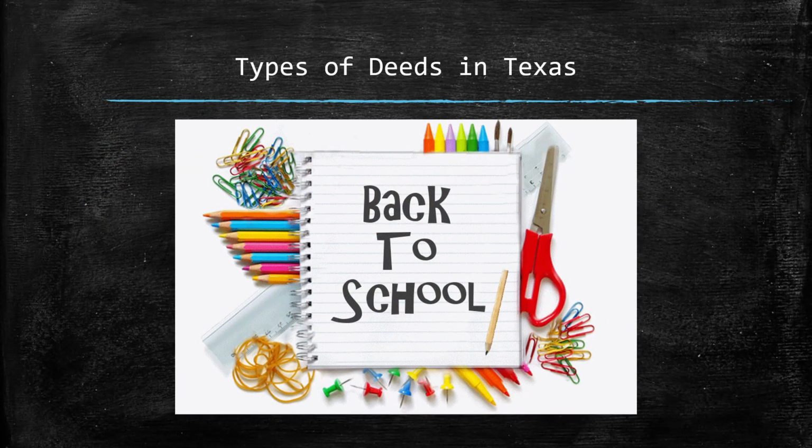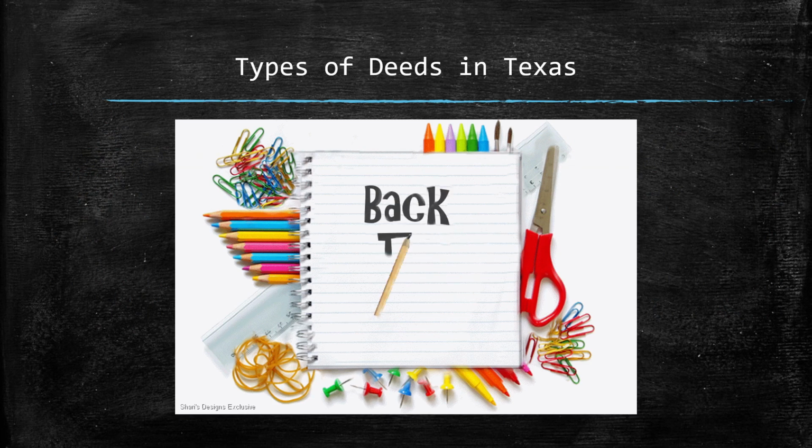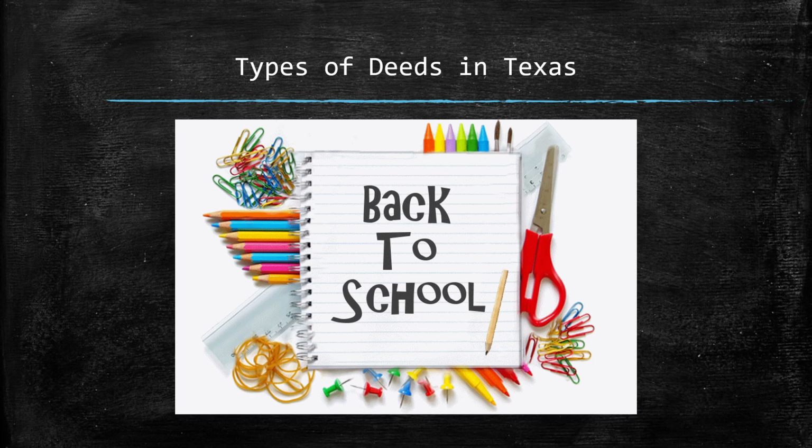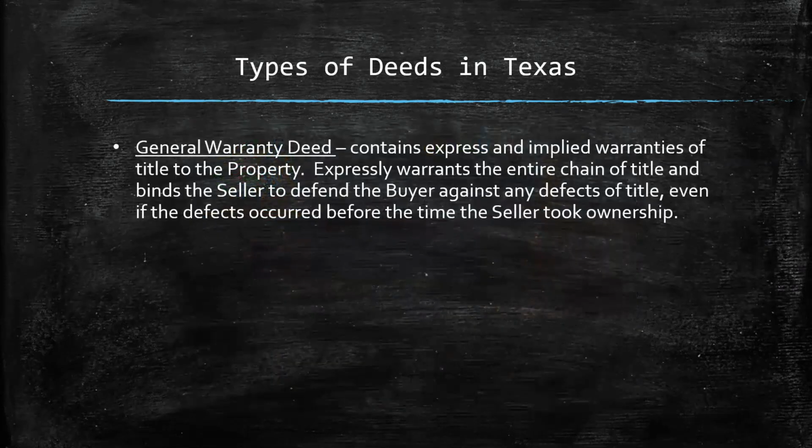I want to take a quick minute and go back a bit to real estate school. Let's have a flashback and talk about the different types of deeds that are in Texas. There is the general warranty deed. This is the type of deed that the contract requires. It contains express and implied warranties of title to the property.